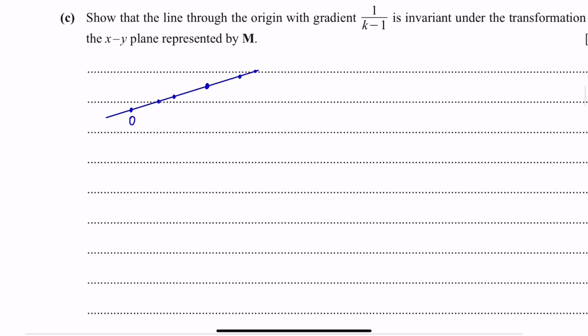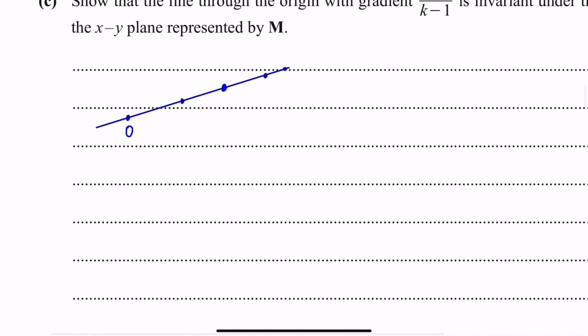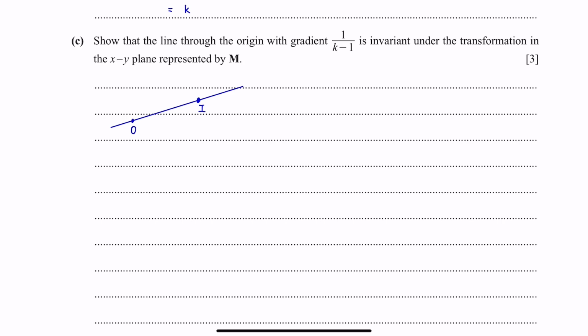So let's just assume this is the image. It's saying that this line has a gradient 1 over k minus 1, and it passes through the origin. So this line is y equals 1 over k minus 1 x. So how do we prove that this line is an invariant line?